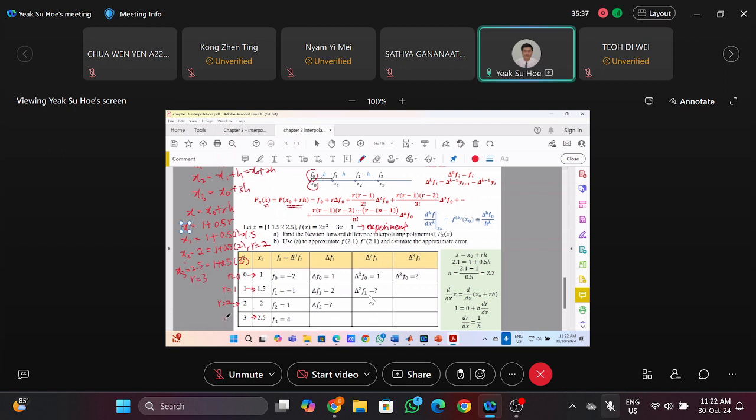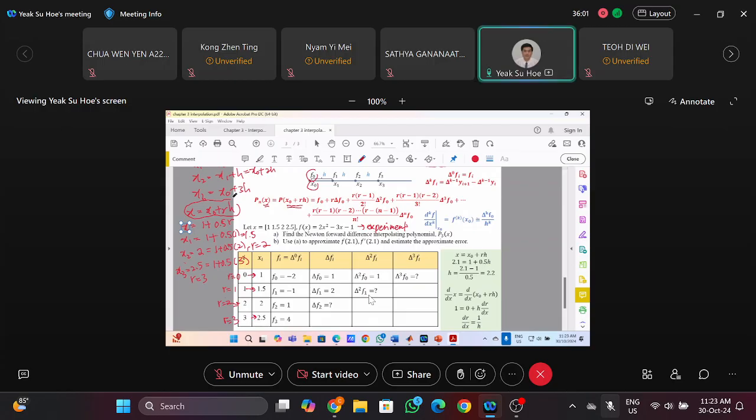In other words, when S is 1, your R is 0. When your S is 1.5, your R is 1. When your S is 2, your R is 2. When your S is 2.5, your R is 3. So based on what equation? Based on this equation. So everyone clear?